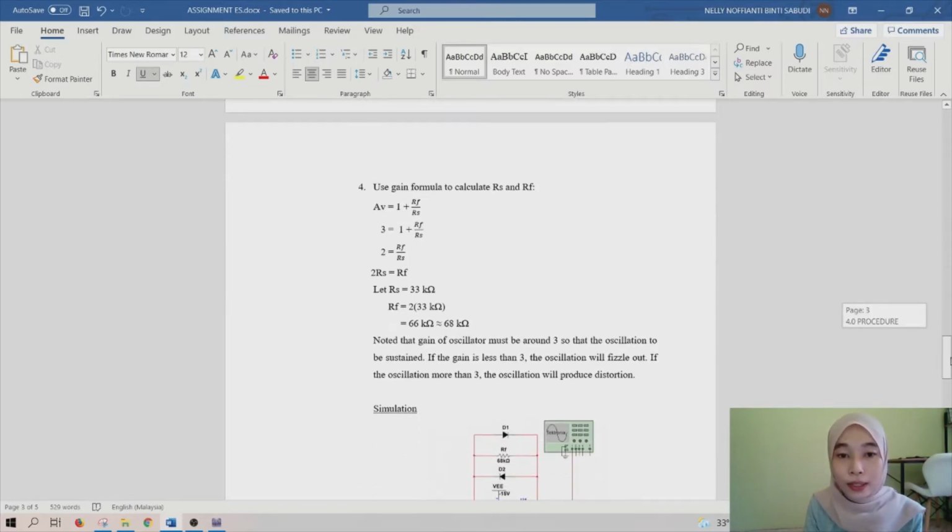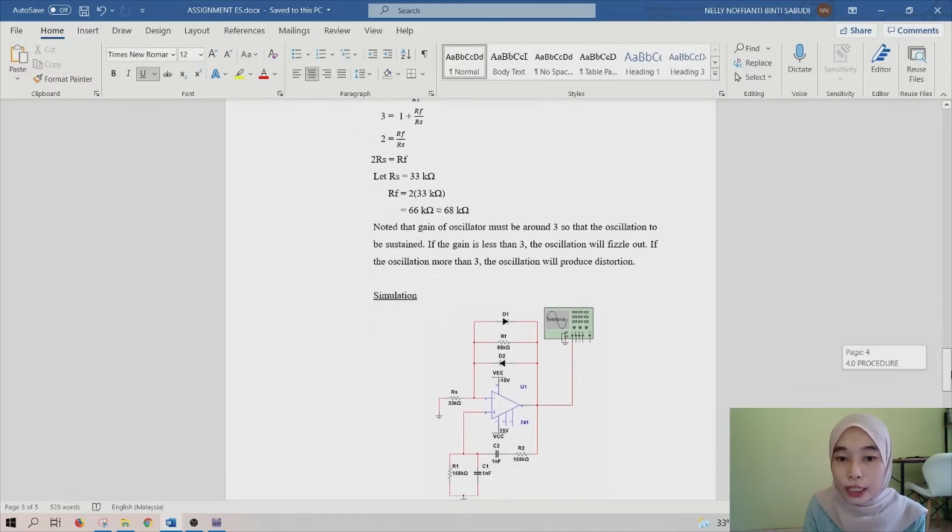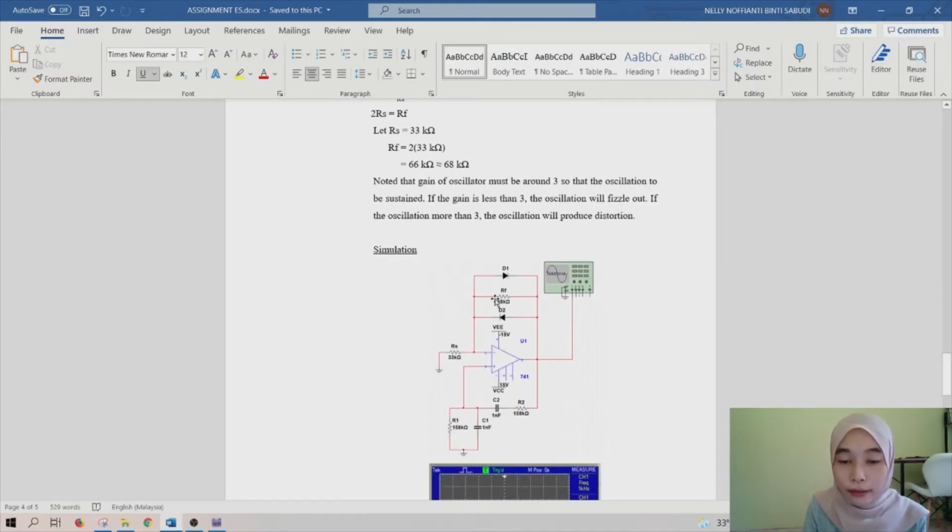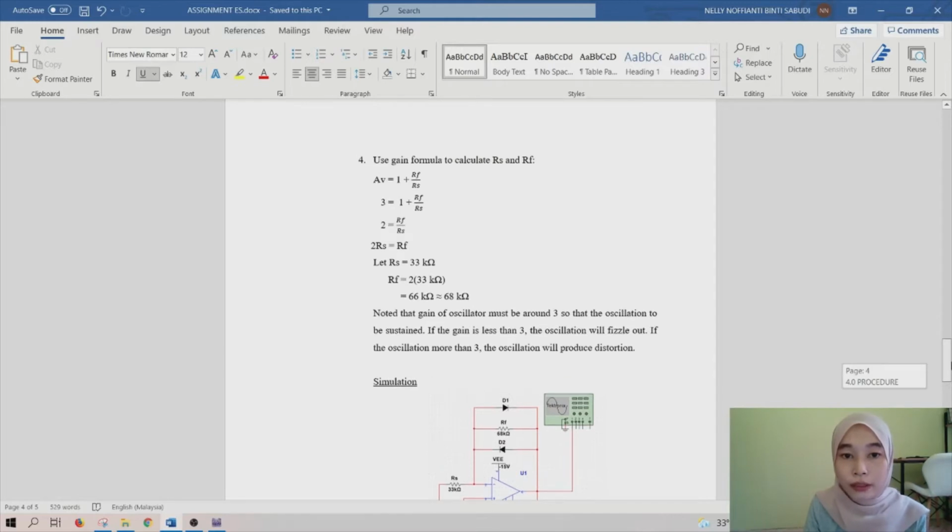Okay, so next I am going to calculate RF and RS. As you can see here, RF is the feedback resistor. According to the formula, RF is 2 times RS, which means RF is greater in value, 2 times RS.